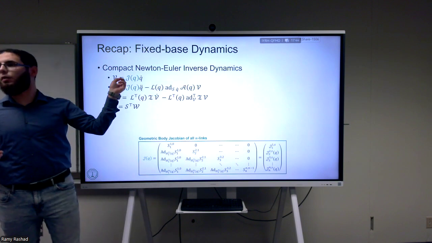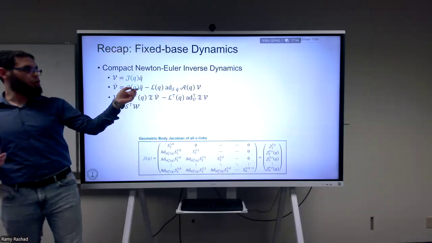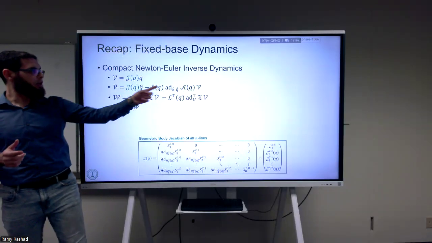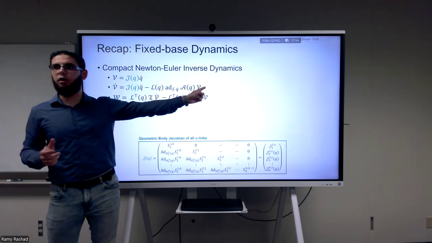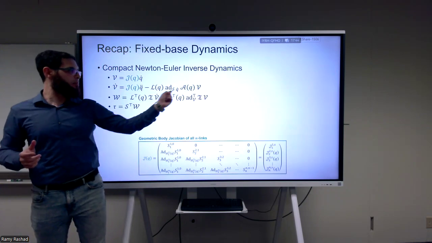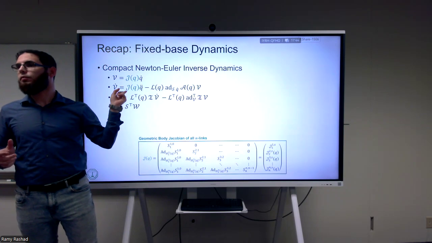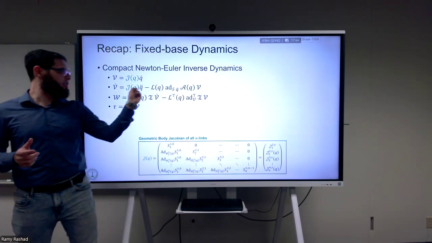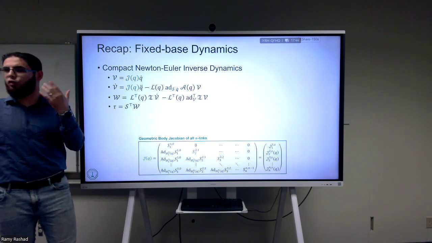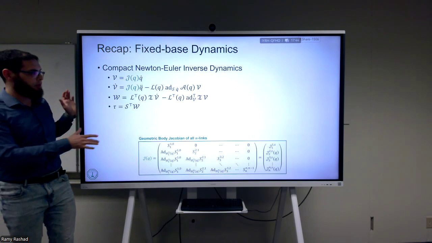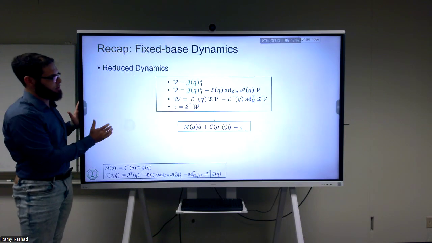Exactly, it's the J dot multiplied by the Q dot. So if you remove the V and put it here, in the end, we're going to be left with something that's nothing else than the J dot. So this is just a closed form solution of the J dot. We don't need any numerical techniques to resolve this.